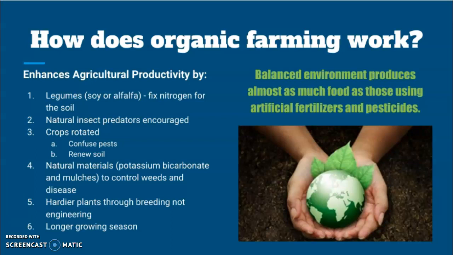And you also breed hardier plants through selective breeding, which would be still artificial selection, but it isn't through genetic engineering. They also can have a longer growing season because they're using different crops. So that can help them by elongating the growing season. This provides a balanced environment and can produce almost as much food as the artificial fertilizers and pesticides.